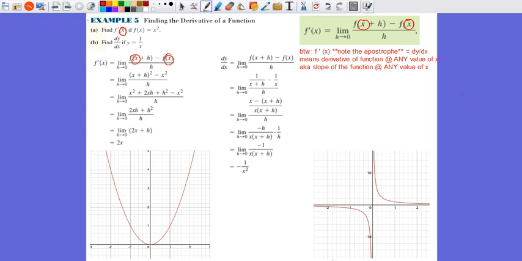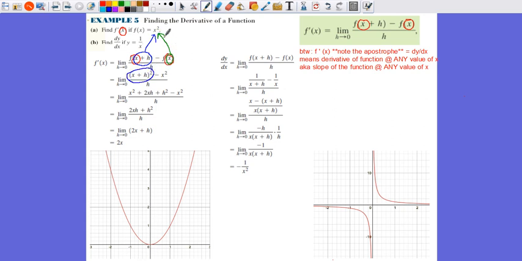So we are going to plug x plus h into the function, which is x squared. We're also going to plug x into this function called x squared. When you plug x plus h into x squared, you get this.